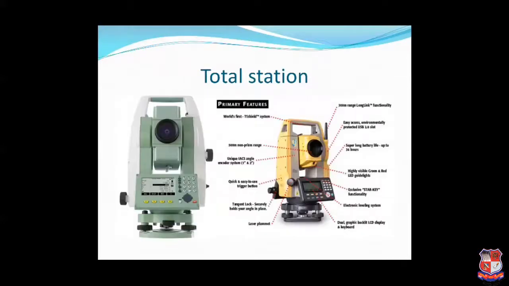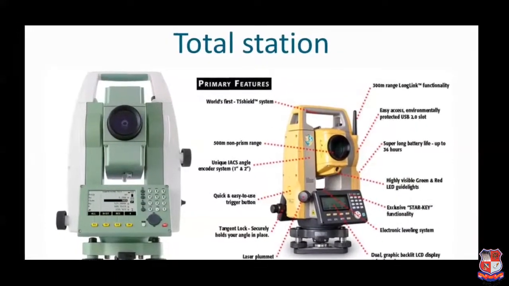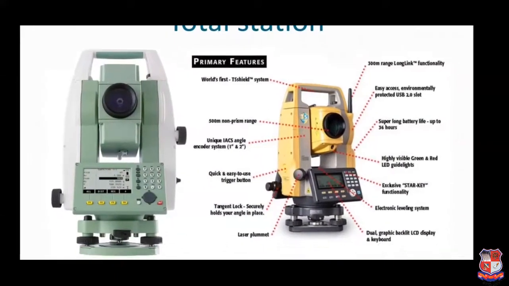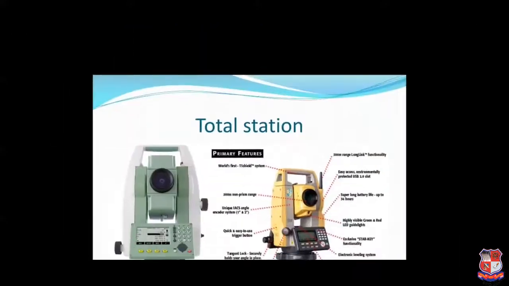This is the figure of a total station, and the figure below shows the primary features of the instrument. As you can see, various elements have various uses. It has a prism, telescope, electronic leveling system, screws, holding agents, and also a digital functional screen, or LCD screen.